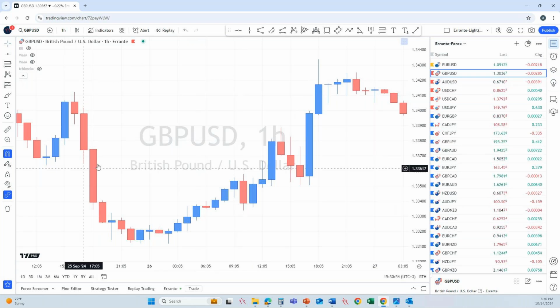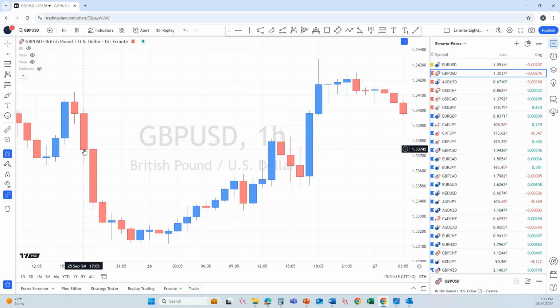So you see, the length of shadows as well as the length of bodies have a very clear, certain meaning to define the market psychology. So certain candlestick patterns are especially good at identifying these potential turning points.